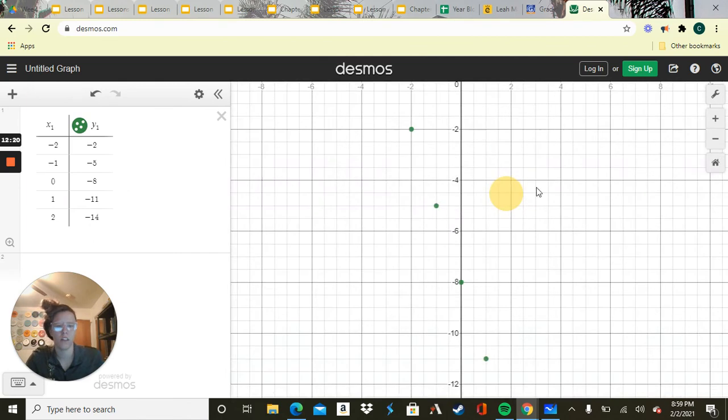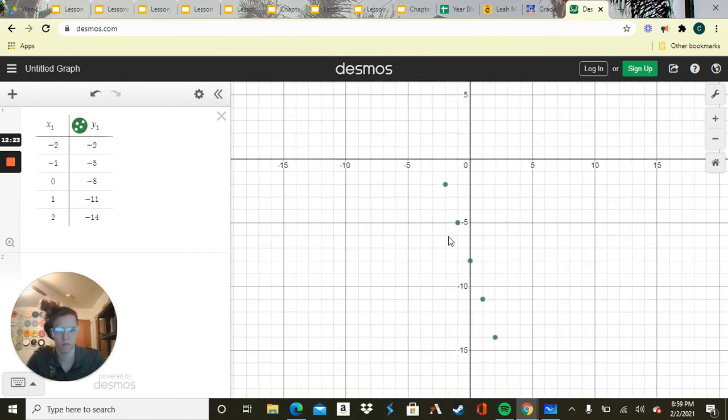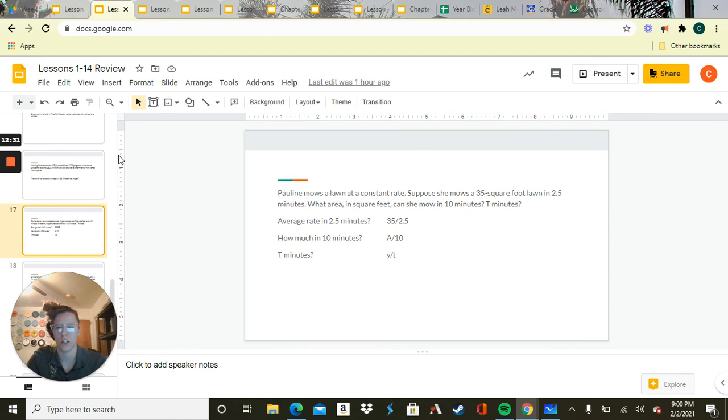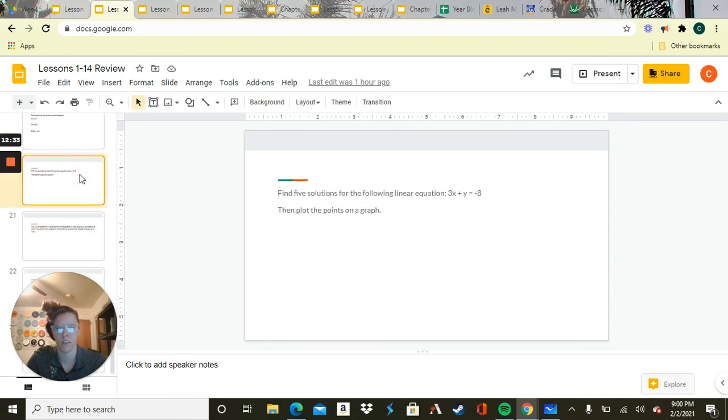So zoom out, all the values look like they're in a line. So we have a linear equation. So that's what we did. We found those 5 solutions.